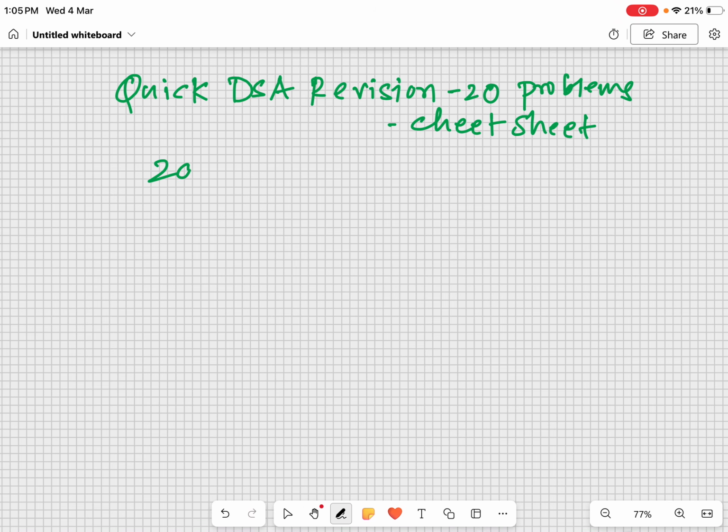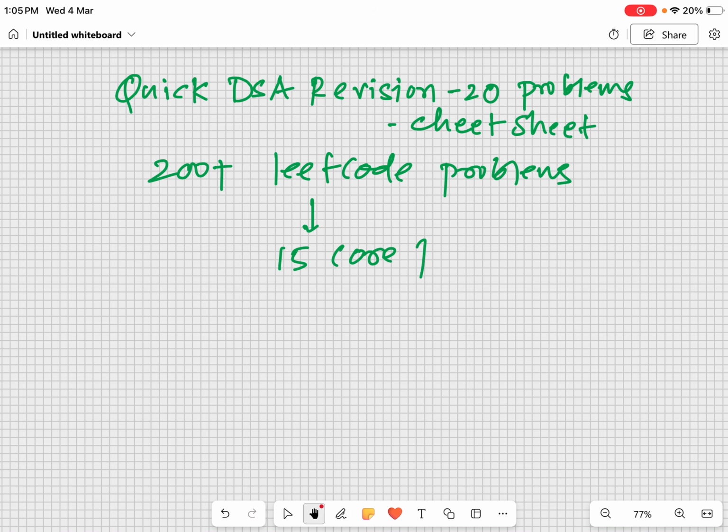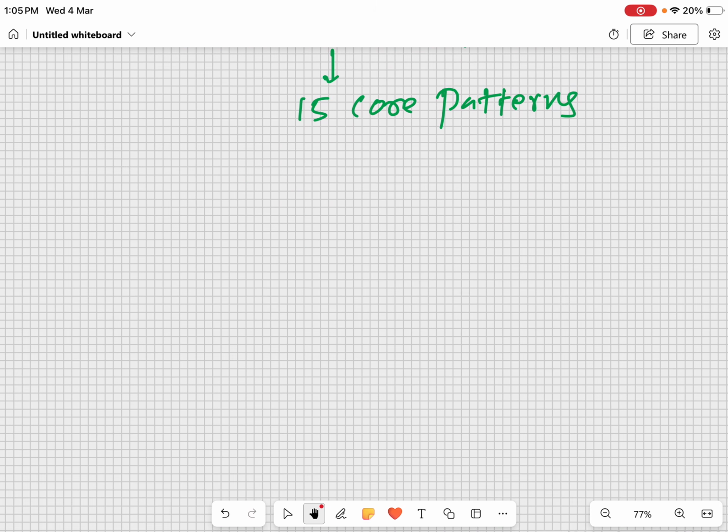So instead of 200 plus LeetCode problems, we'll just look into 15 core patterns. Correct? So what we will do, instead of memorizing solutions, we focus on three things.